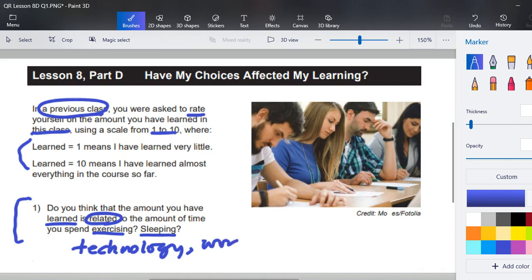You submitted hours per week you spend working, and you submitted hours per week that you spend sleeping. And for the rest of this lesson, we're going to talk about how these go together with the amount that you have learned and whether there is a relationship or a correlation with the learning and outside activities.